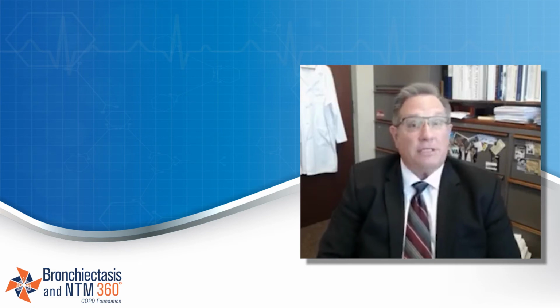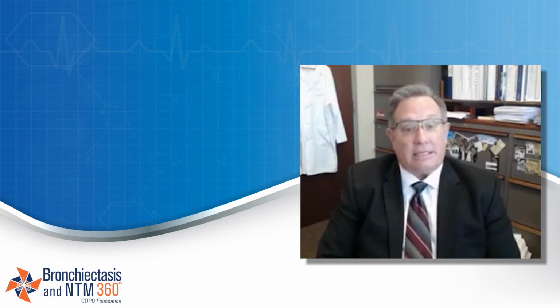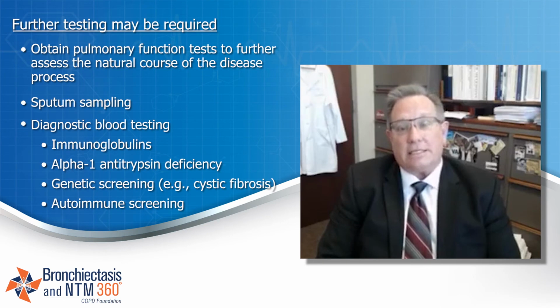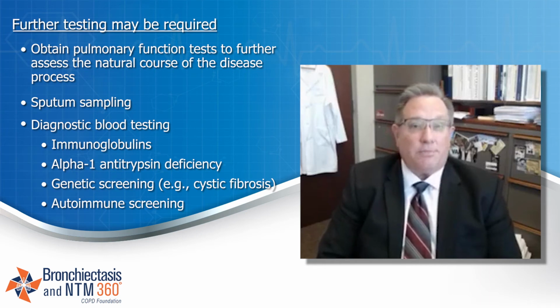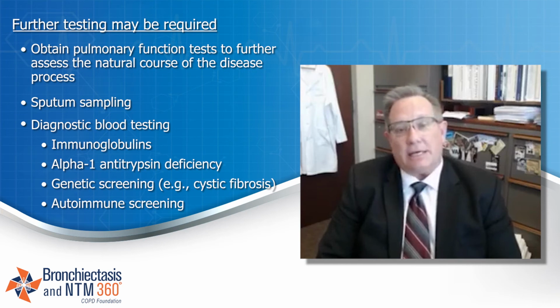When our patients present with bronchiectasis, we oftentimes will obtain pulmonary function tests to further assess the natural course of the disease process, commonly collect sputum samples either by spontaneous method or induced sputum for bacterial, fungal, and mycobacterial pathogens, and then diagnostic blood tests for potentially, albeit less common, reversible and treatable traits.